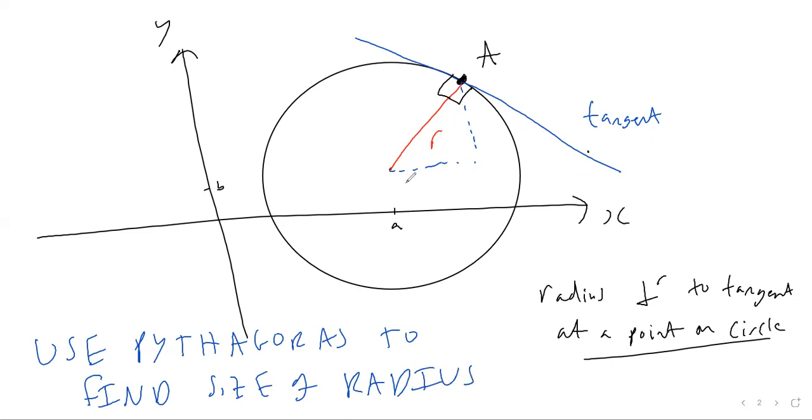You can just use the gap there squared plus the gap there squared, square root it, and you'll get your radius. Or if you just want the r squared in your equation, you actually don't need to square root it, because a squared plus b squared will give you the r squared.